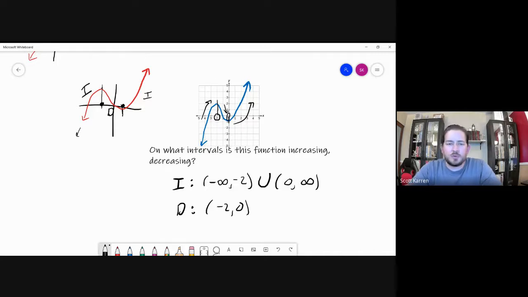Now notice I'm using parentheses because I don't want to throw a bracket in there because it's not increasing at -2 anymore. It's the end of the increase and the beginning of the decrease. So you can't say it's one or the other, and so it's not included in those intervals. But these are the intervals in which we have increase and decrease on this function.